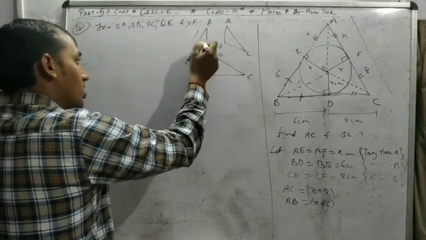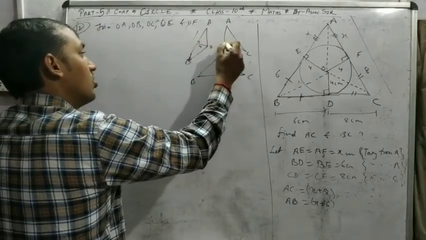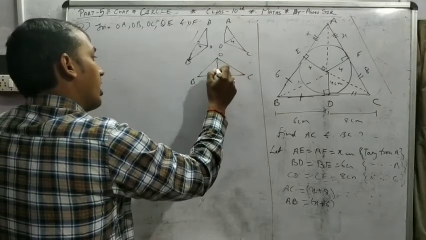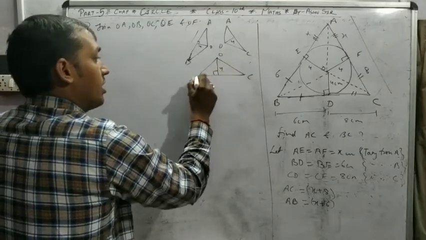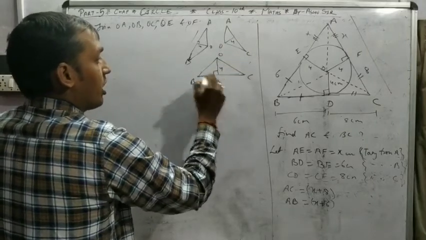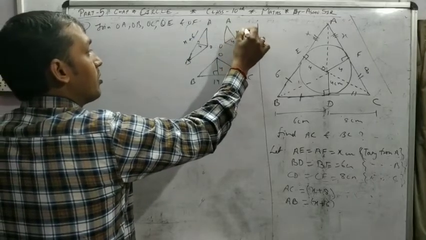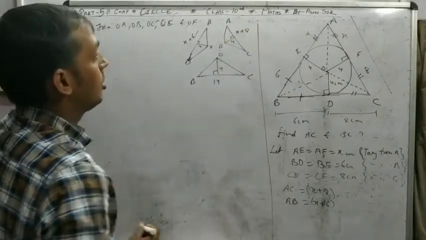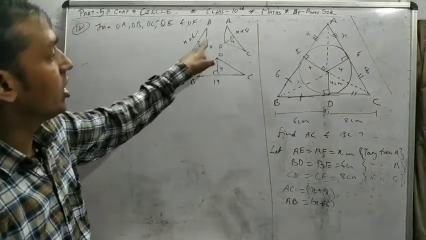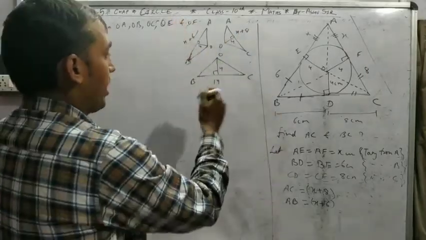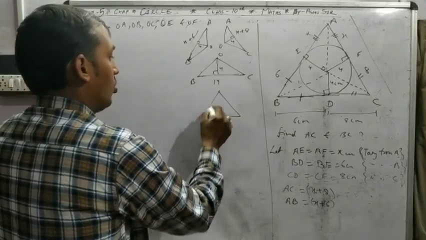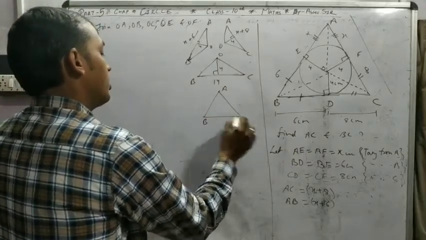So this is base and this is height 4, height 4, height 4, and here base is 14, here base x plus 6, here base x plus 8. If we combine these three triangles, we get the whole triangle ABC.